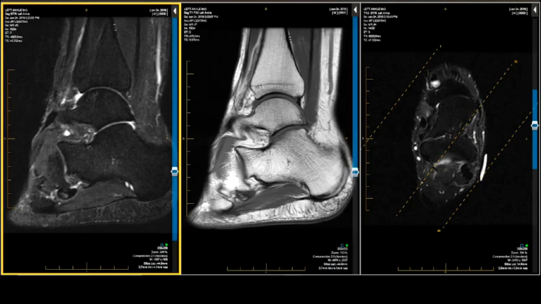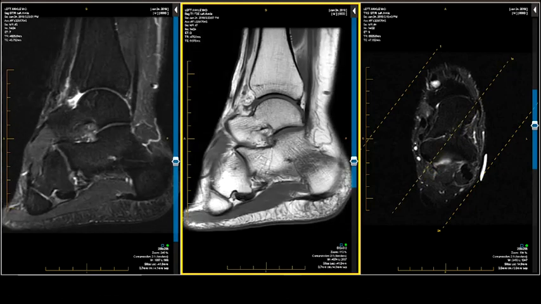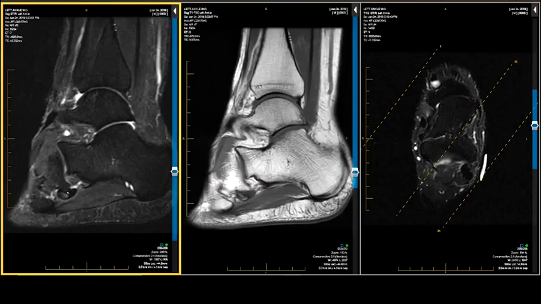Because unlike os tibiale externum in the posterior tibial tendon, these give rise to tears as the peroneus longus either approaches or leaves. There's a weakening at that point, especially as it arcs around the cuboid tunnel.